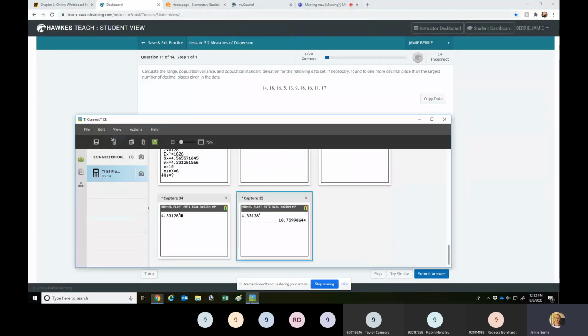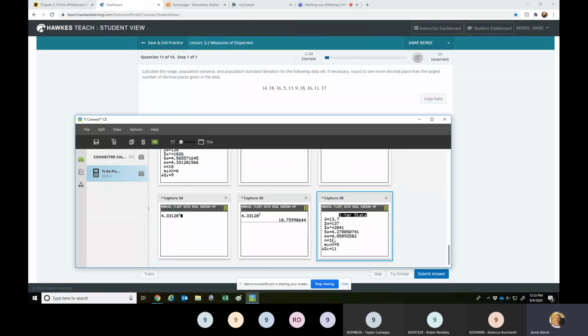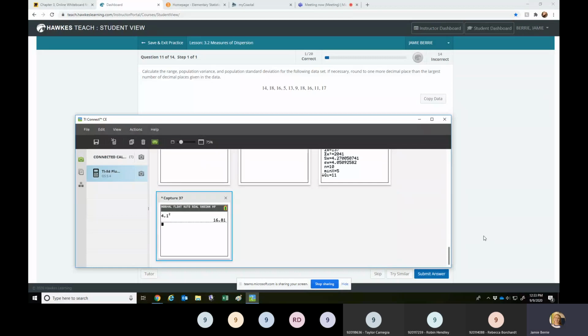Okay, so I just typed in this data set, and this is what I got for the variance. It's 4.05. If we do 4.0, I guess we would really round that to 4.1, right? 4.1 squared. Let's see, that gives us 16.81.